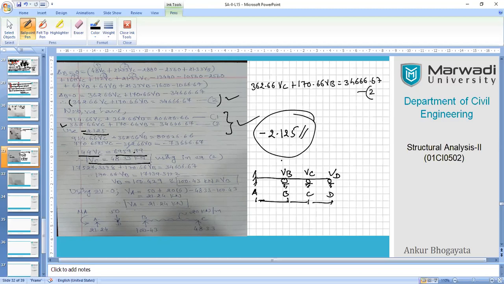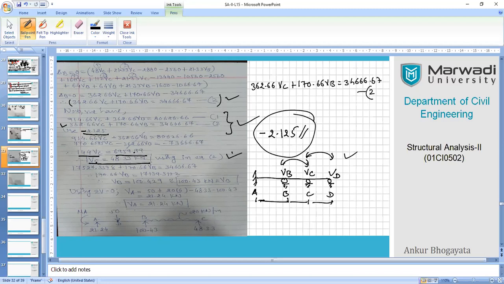And you can have one more equation out of this. So you can go in a setup where first you try to solve VB and VC, or you can try to solve VC and VD, and at least you should have one unknown known to be used in the other equation, and then you can carry on with the calculations. So I think this is worth exploring, an experience and numerical for you.